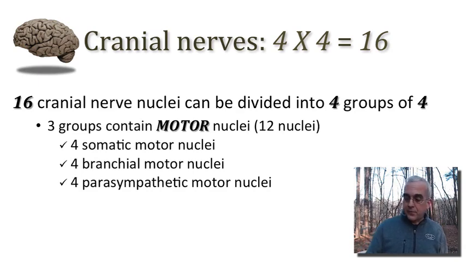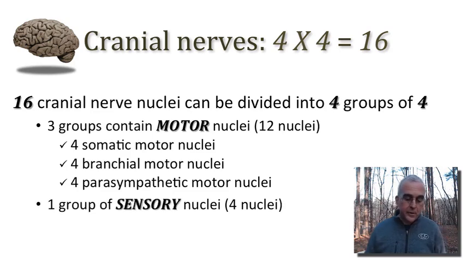Well, that accounts for 12 of the 16, so that must mean that there is one group of sensory nuclei, and actually that group can be subdivided further according to the chart we saw on the previous slide. But to make this 4 by 4 framework stick, I think it might be helpful just to avoid thinking about that subdivision at the moment and consider 4 groups of 4 nuclei, 3 motor and then 1 group of sensory nuclei.